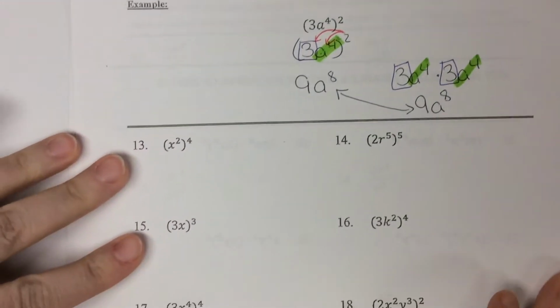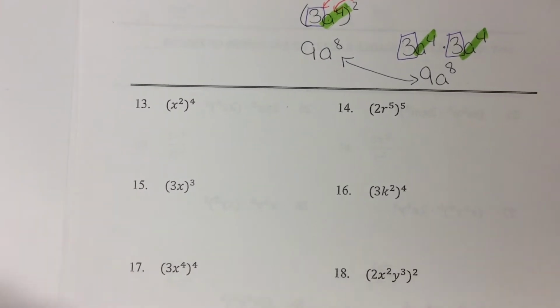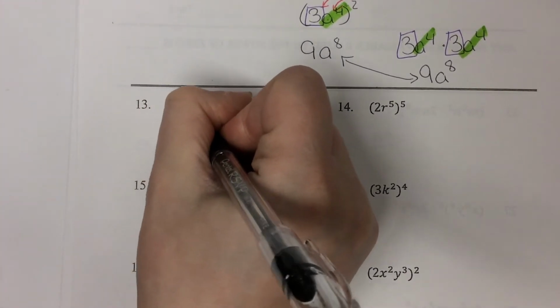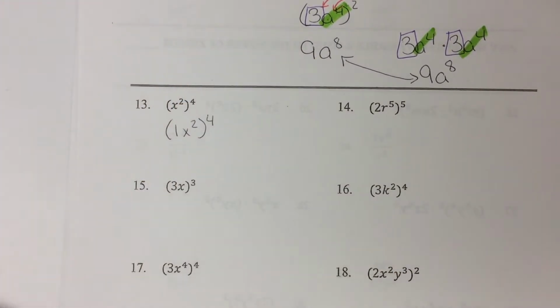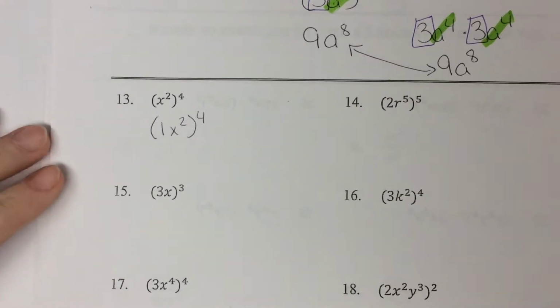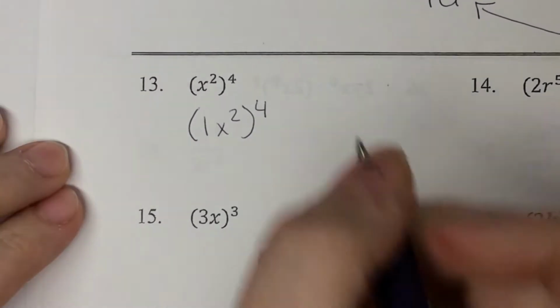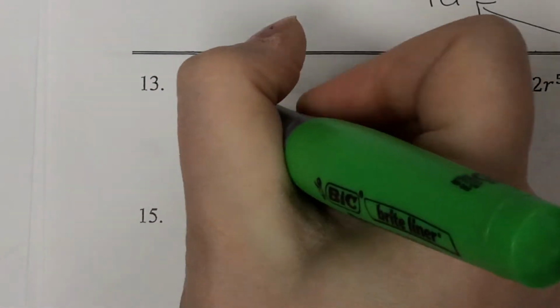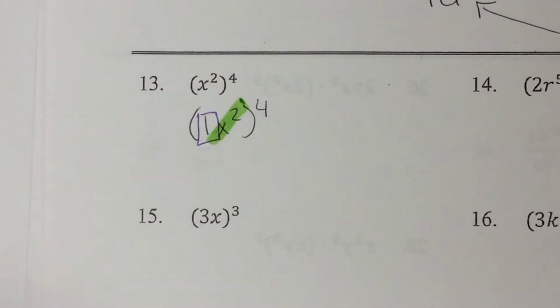Okay, so let's look at some more examples here. Let's start with number 13. And remember, I told you always you want to rewrite the problem so that you have a coefficient, a base, and an exponent. So just like in number 13, we don't see a coefficient, but it's going to be really helpful if we go ahead and rewrite it in there for us. I'm going to label my parts the same way I did in 7.1. I'm going to box my coefficients, and I'm going to highlight my base and exponent.